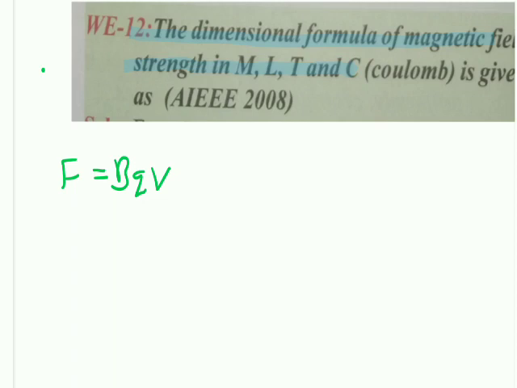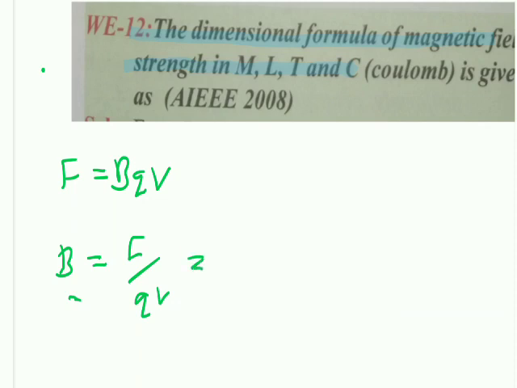Then magnetic field B is equal to F by QV.